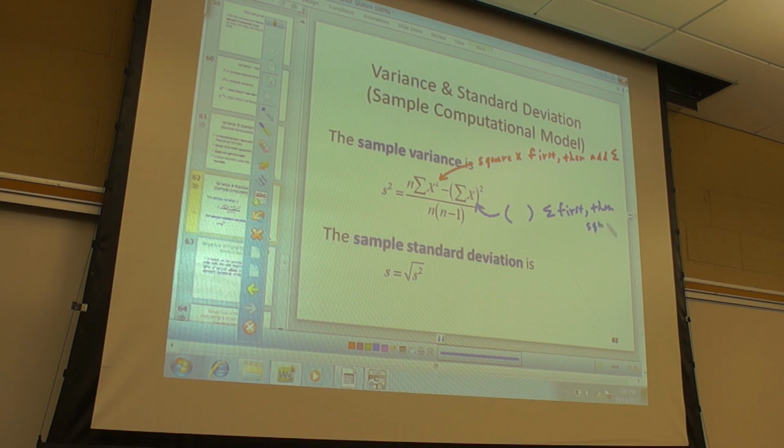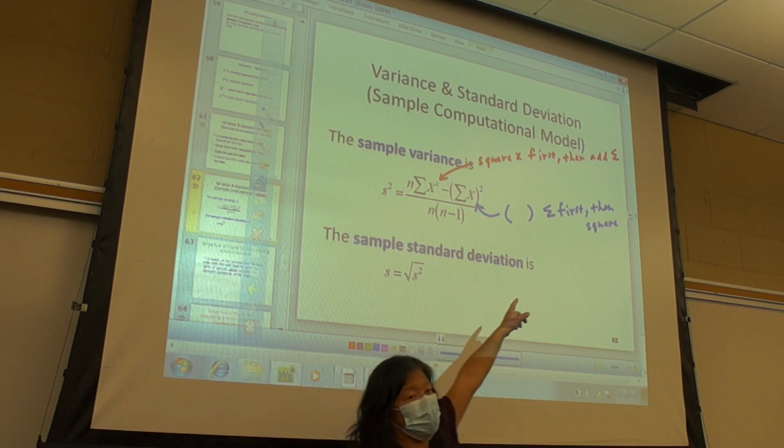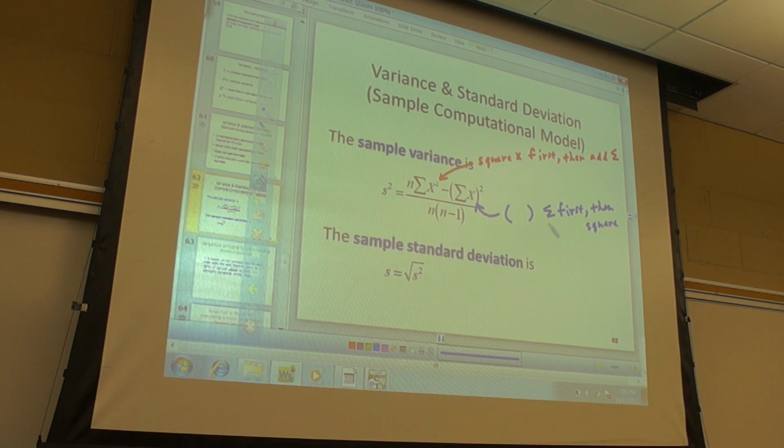You square that one number. All right, so you'll add them all up, and then you take that number and you square that first. Do you guys want me to put add first, or do you want to put the summation sign first? What if I said, does that help? Is that clear? Yeah. Okay.